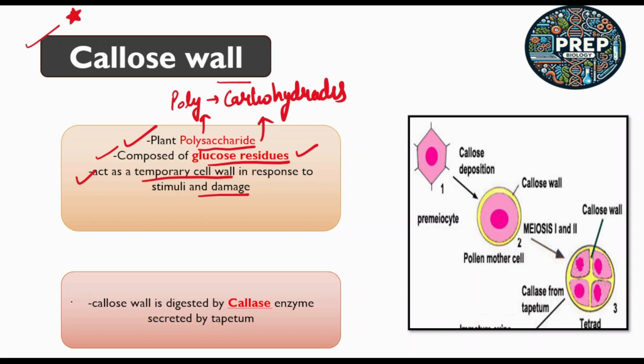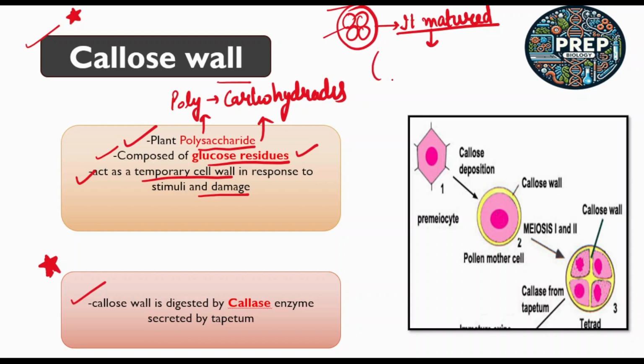Now this point is very important, so make sure you note it down. When tetrads are formed, and this is the callose wall and these are the tetrad, then the anther gets matured.